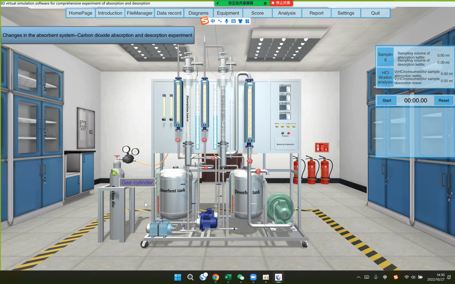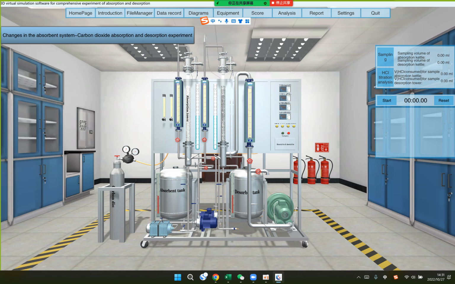The mixture can be created by using the carbon dioxide from this cylinder and also sucking the air from the atmosphere, and controlling the flow rate for carbon dioxide and also the air, and making sure the carbon dioxide is at some constant concentration, and then creating the mixture to feed into the absorption tower from the bottom.